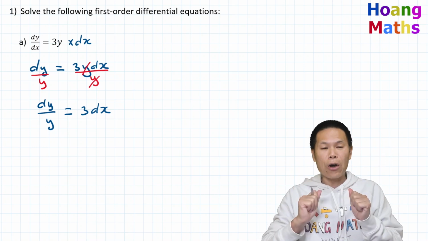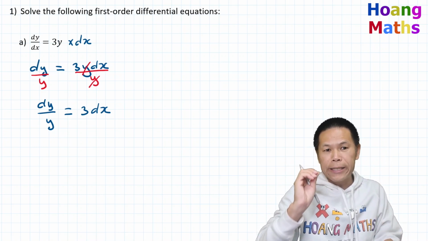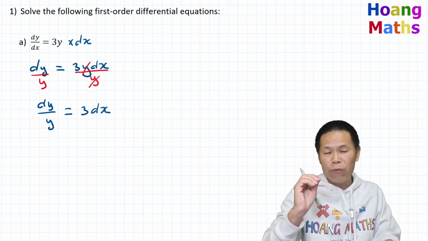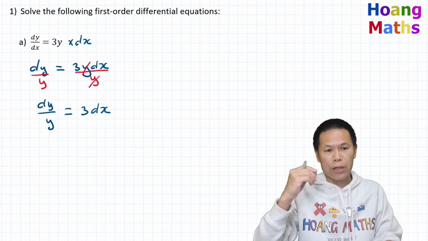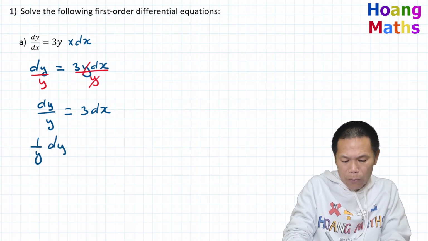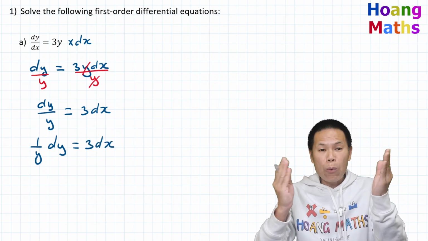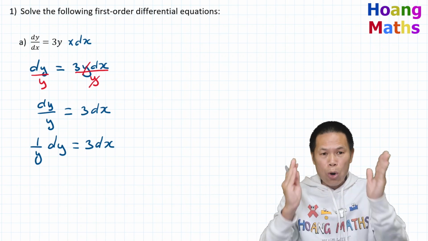So remember, dy over y is exactly the same as 1 over y times dy. And this one here is 3 dx. So now what I do, I integrate both sides.